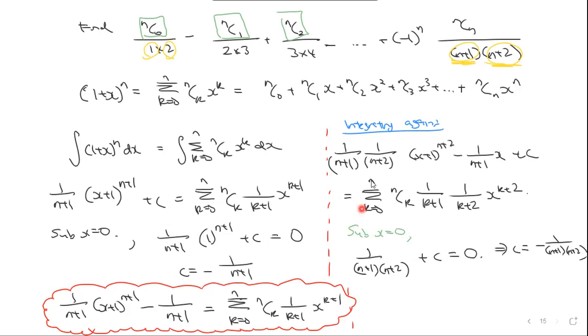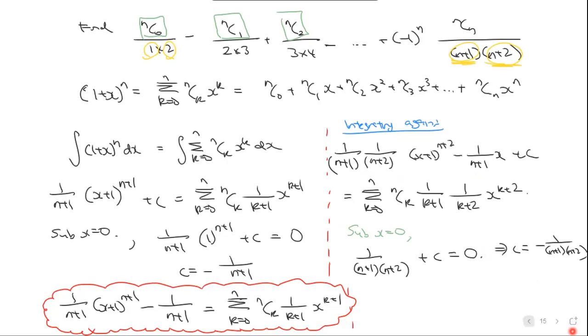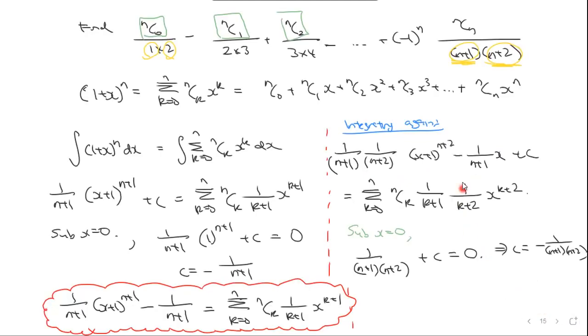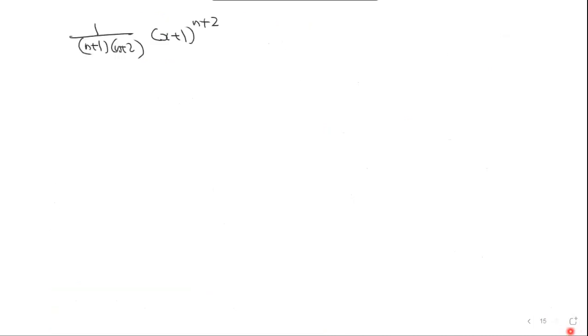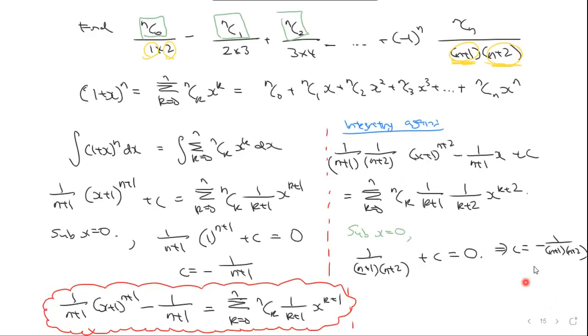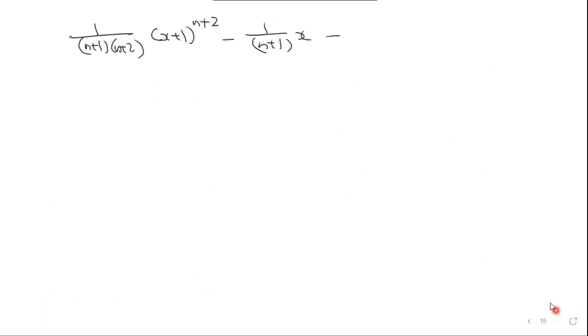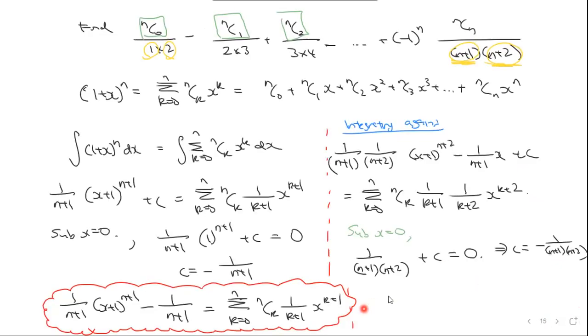So at this point, I now have my second identity. So I've got 1 over n plus 1, 1 over n plus 2, times x plus 1 to the power of n plus 2, minus 1 over n plus 1, x, minus 1 over n plus 1, n plus 2, because that takes the place of the c, equals the double integration on the right-hand side.